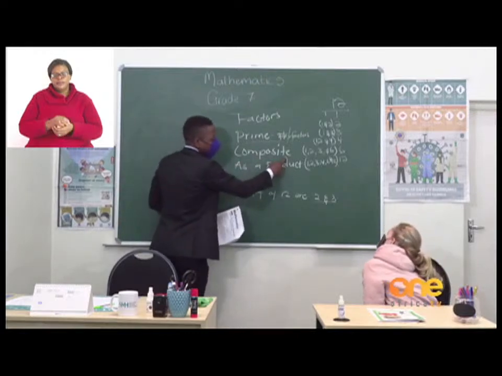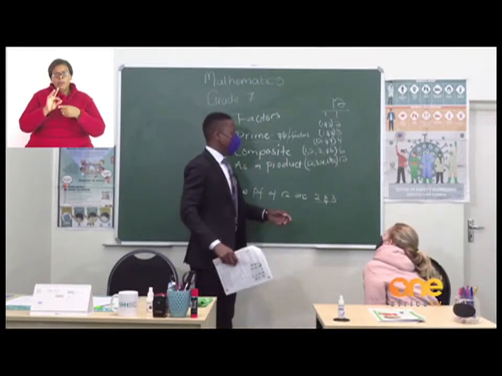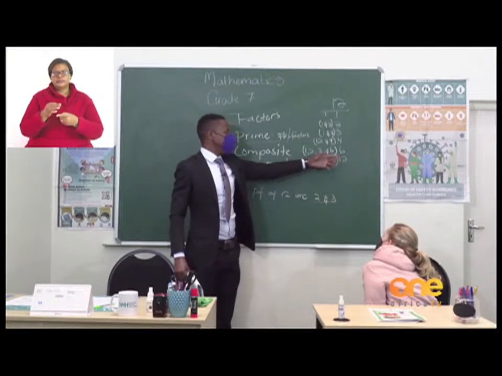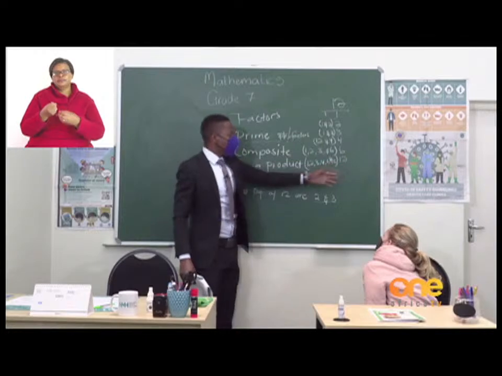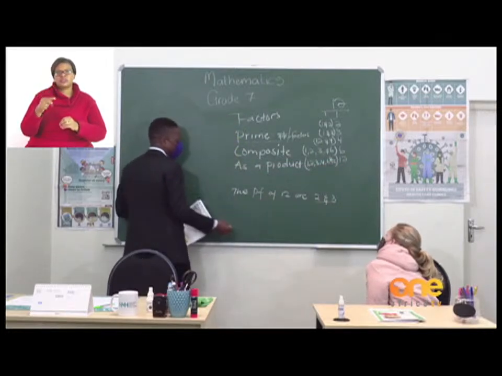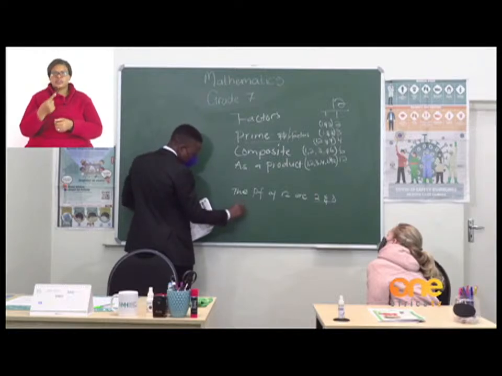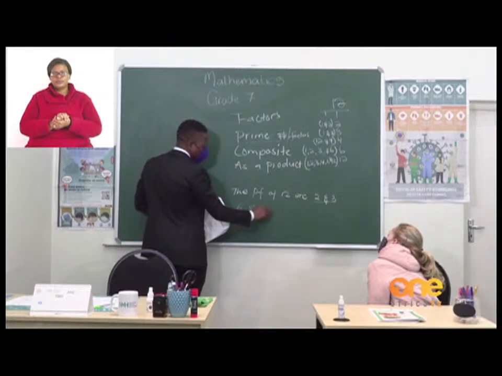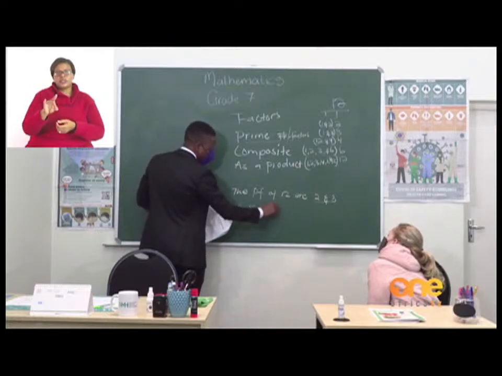Composite numbers are those numbers with more than two factors. 6 is a composite number. 12 is a composite number. Other composite numbers we can talk about, after 6, we have 8, 9, 10, and so on.